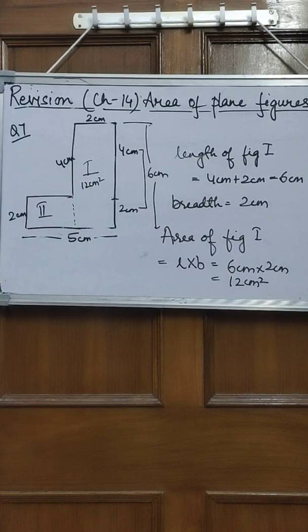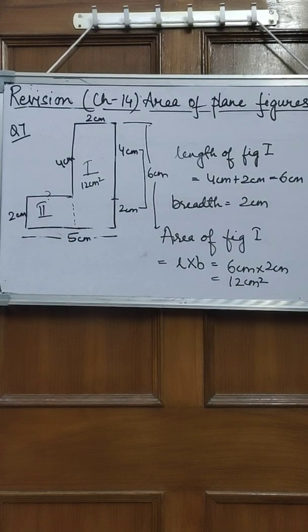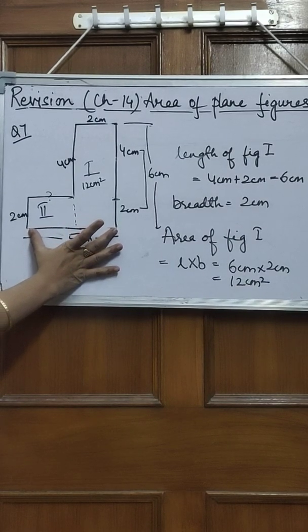Now let's come to figure 2. In figure 2, we have this portion as 2 centimeter. Now we have to find out the value of this portion. Then only I can find out whether it is a square or a rectangle, and then only we can find out its area. So to find out its area, what we can see is this entire length is 5.